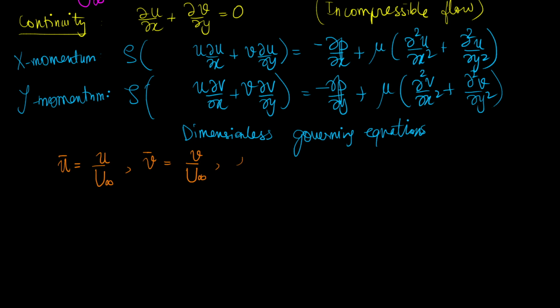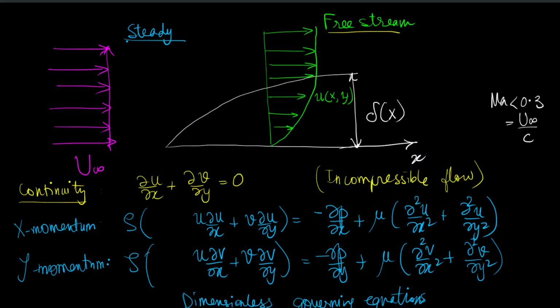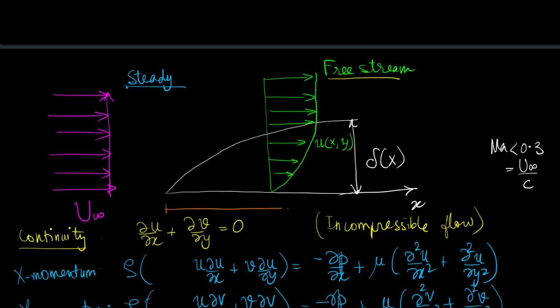We will choose p bar equal to p upon rho u infinity square. We will choose x bar equal to x upon L, where L is the length of the plate, and y bar equal to y upon L. So the length of the plate is L.